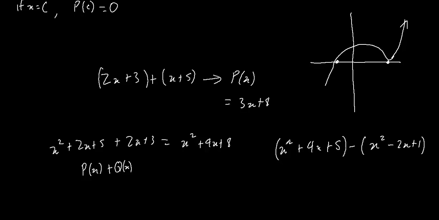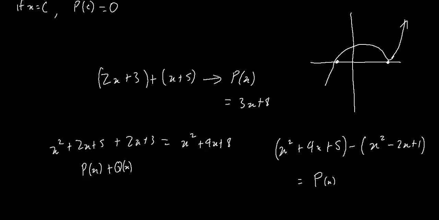Whenever I'm subtracting and the highest power is the same, the resulting polynomial, p of x, will have a degree less than or equal to the original polynomial.